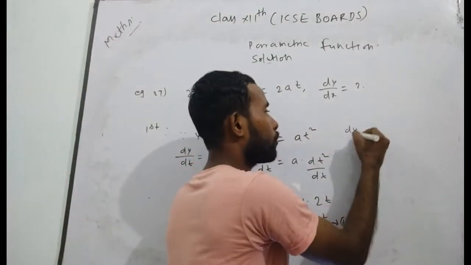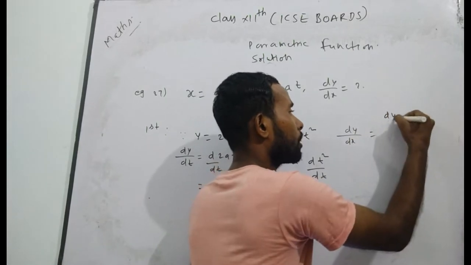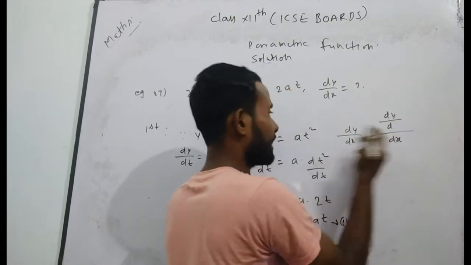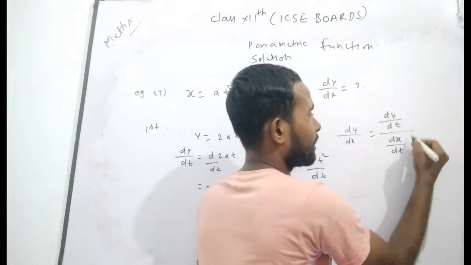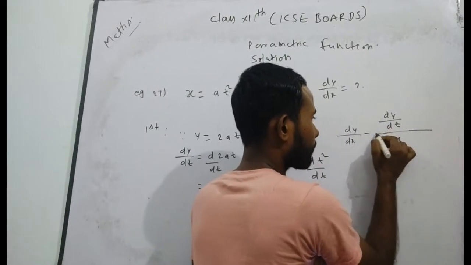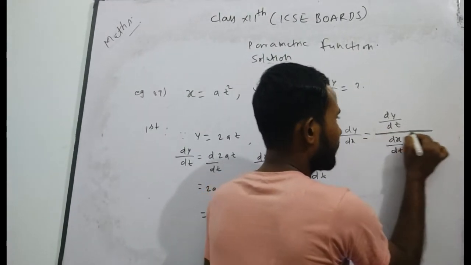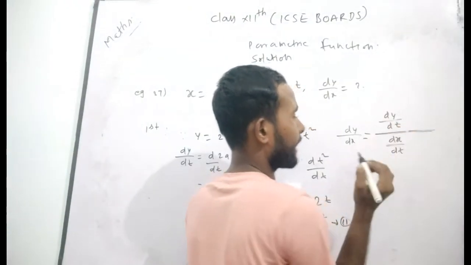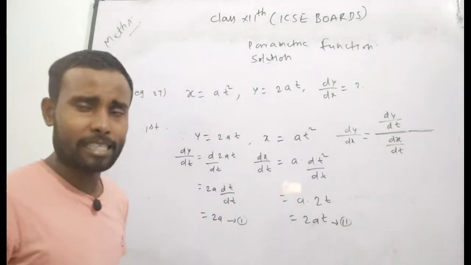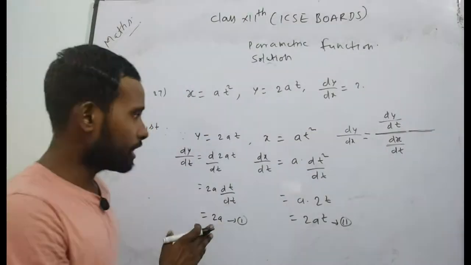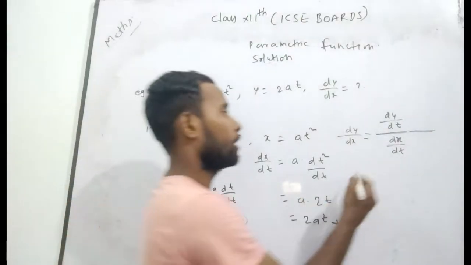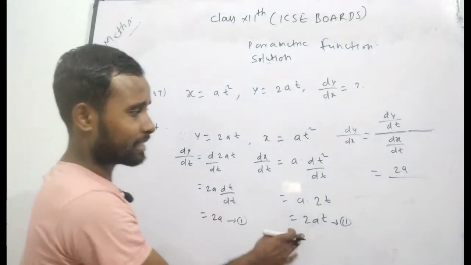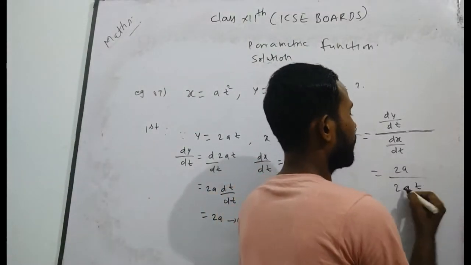Now, as you know, you have to find dy/dx. That will be dy/dt divided by dx/dt. Be careful while drawing this line: the main line will be the longest and the others smaller inside. dy/dx is equal to dy/dt upon dx/dt. Now dy/dt is equal to 2a, divided by dx/dt, which is 2at. 2a cancels.